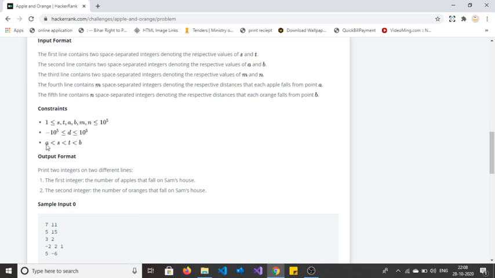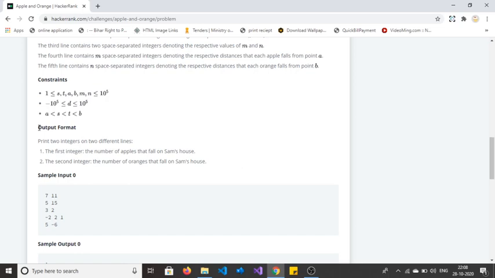The value of A will always be less than S, S will always be less than T, and T will always be less than B. It means the apple tree will always be on the left side of the house, and the orange tree will always be on the right side of the house, and S and T are the starting and ending points of the house.